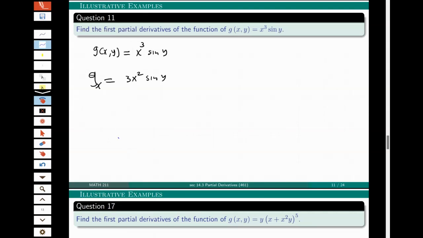Now when I say g of x, y equal to x cubed sine y, when I say g sub y, it means x is constant, so that will be x cubed as it is. Derivative of sine is cosine y, but derivative of the angle is 1, so that's g sub y.